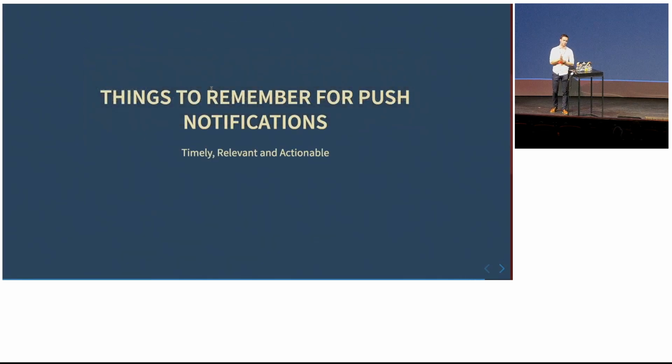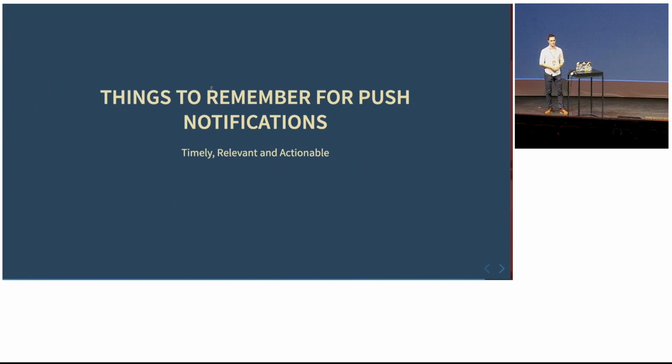So things to remember for push notifications: push notifications need to be timely, relevant, and actionable. These three are the three golden standards of should I send a push notification. So it needs to be timely, so you don't want to send out news that happened a year ago, obviously, because you want push notifications of what's happening right now. It also needs to be relevant.